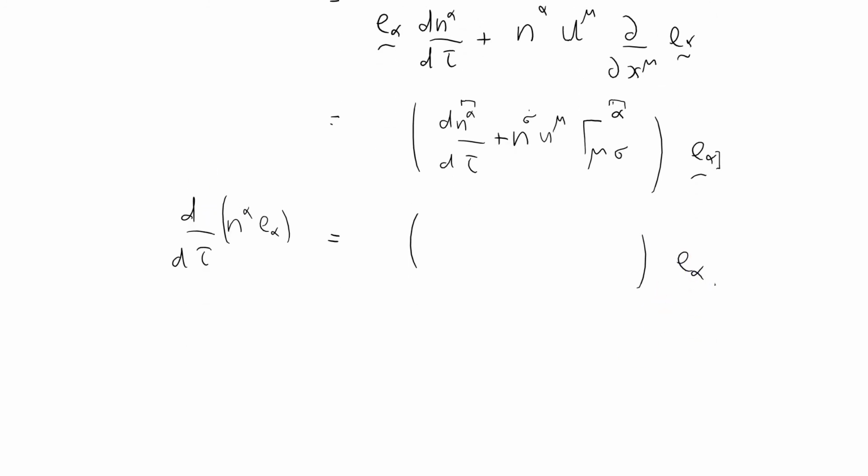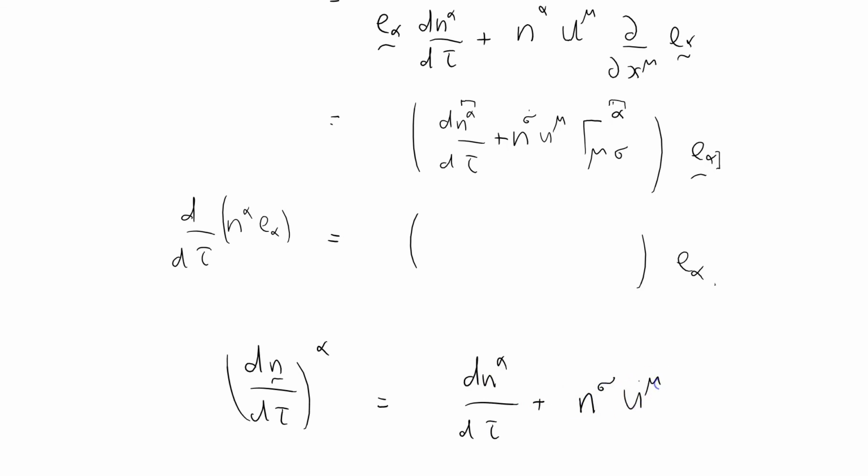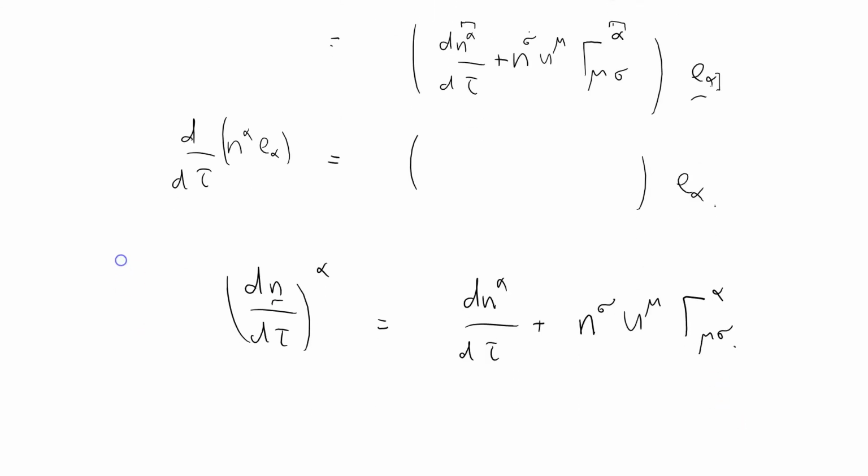So we may as well just write dn as a vector by d tau, component alpha, equals just this thing in the brackets, which was dn alpha by d tau plus n sigma u mu, where u is the forward velocity of the object following the geodesic. There's the Christoffel symbol. Alpha is now free because I'm not contracting with the alpha and my basis vectors there. Mu sigma. Whew. All right, that's quite a lot of work. I'm going to stop there.